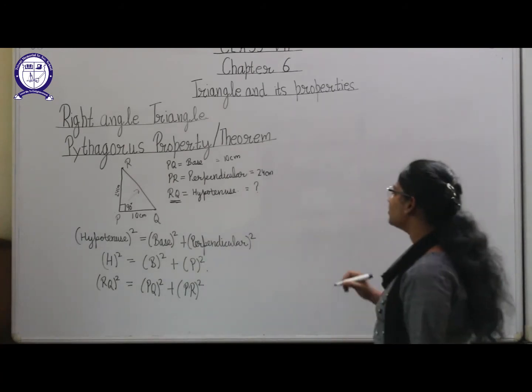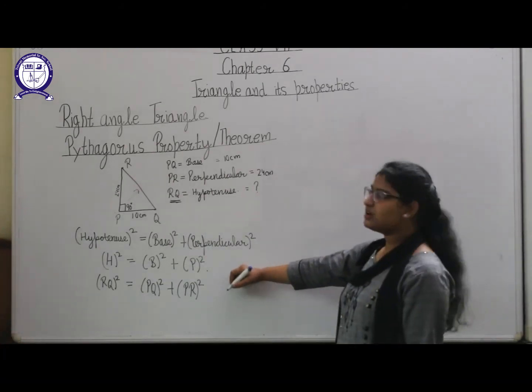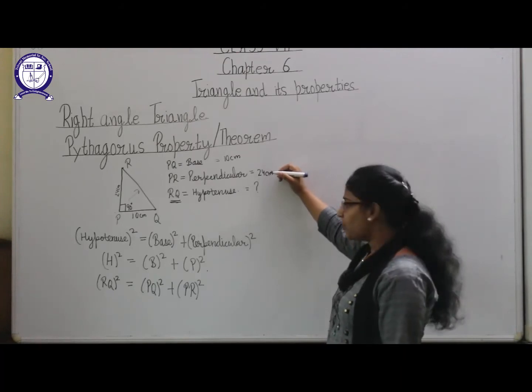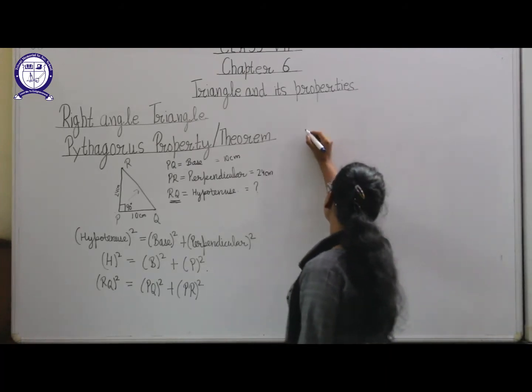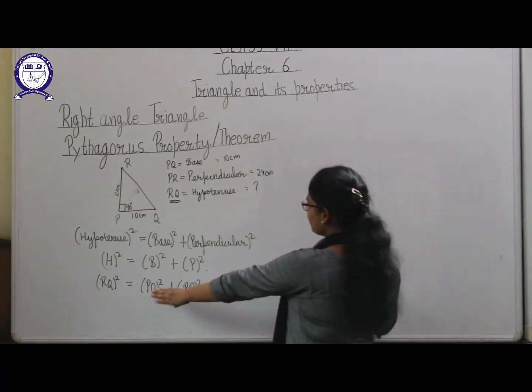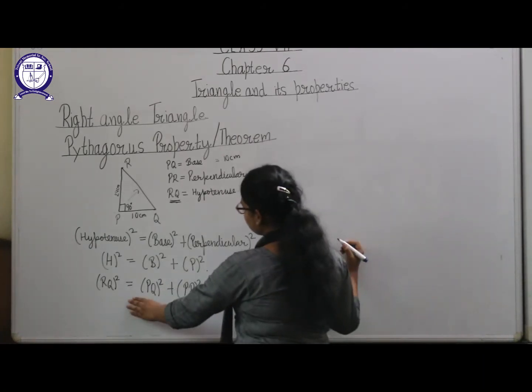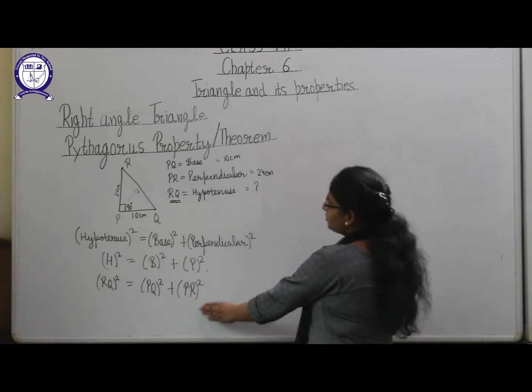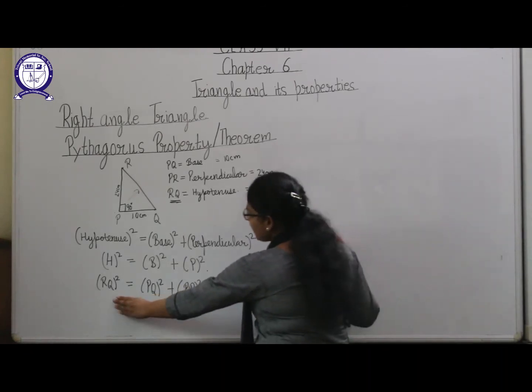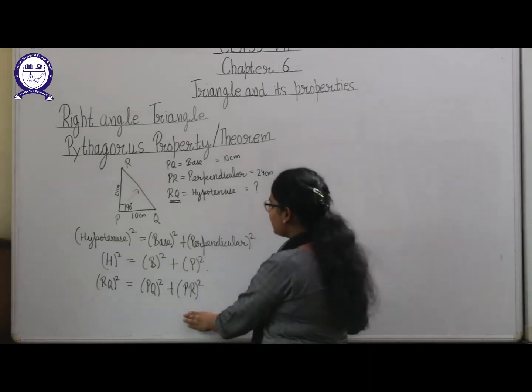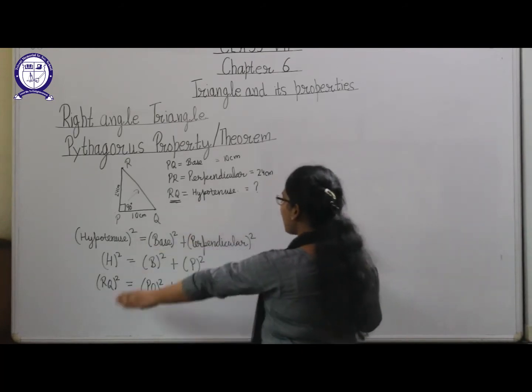Okay, so what will we do? We will apply the same formula, the Pythagoras property: hypotenuse square is equal to base square plus perpendicular square. Here RQ square is equal to PQ square plus PR square. So in this we will put these values, as we have to find RQ.